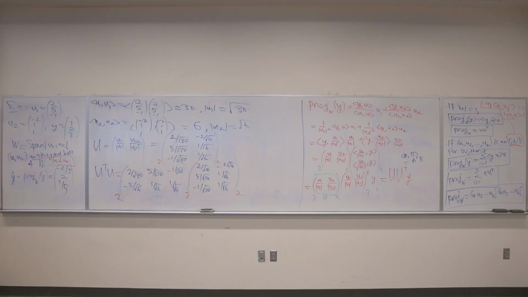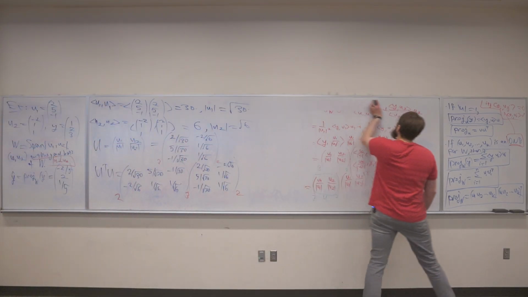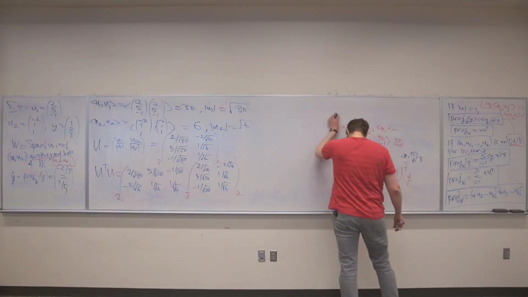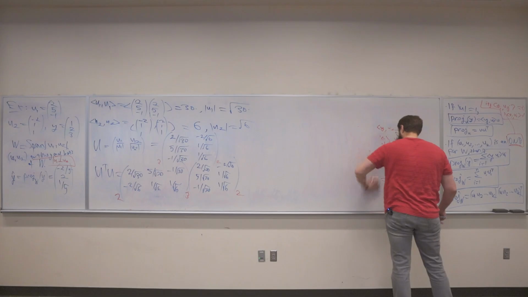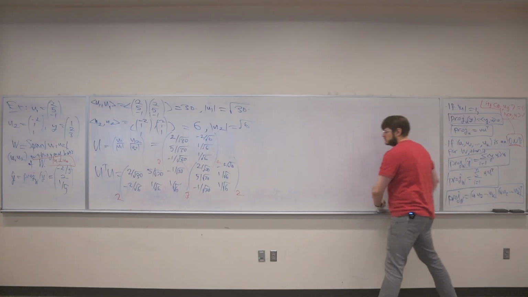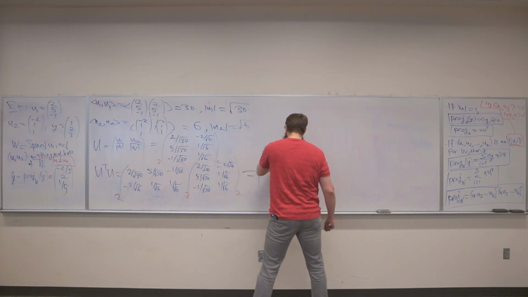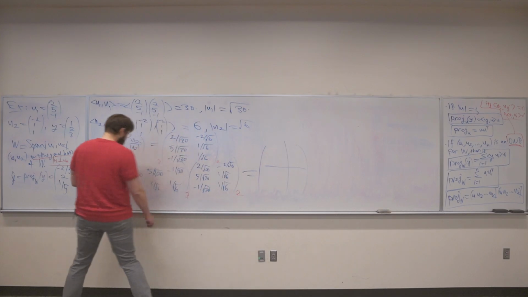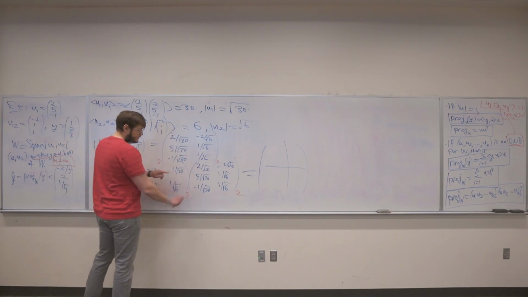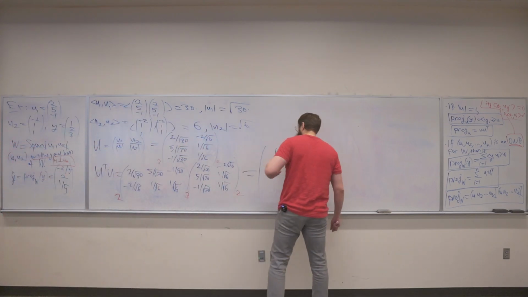I have 4 entries. Four plus 25 plus 1 is 30, and then I have root 30 twice, so that's a 1.